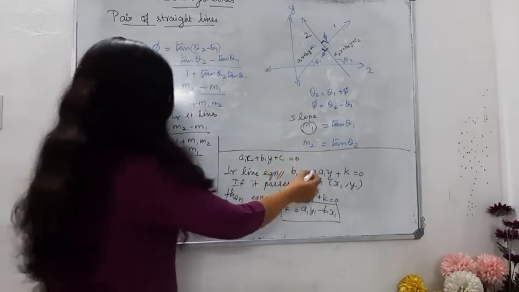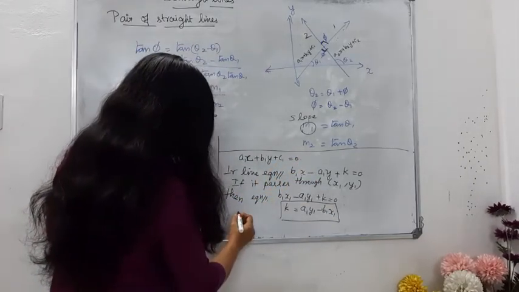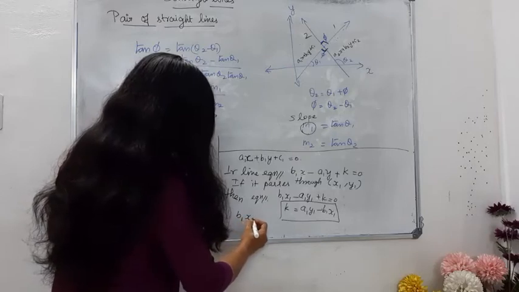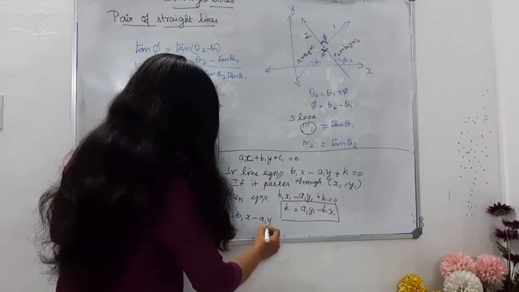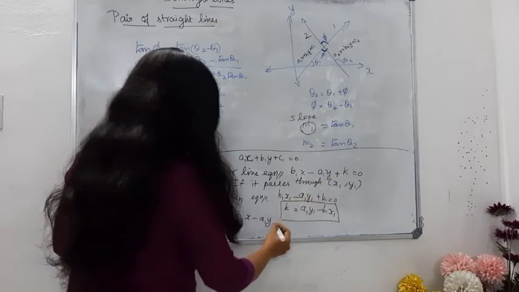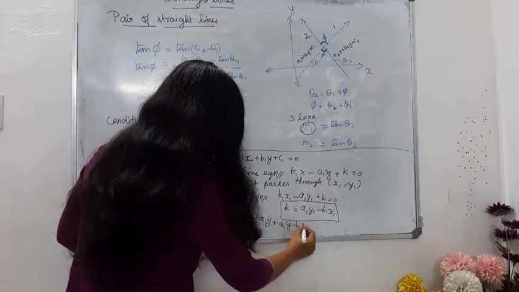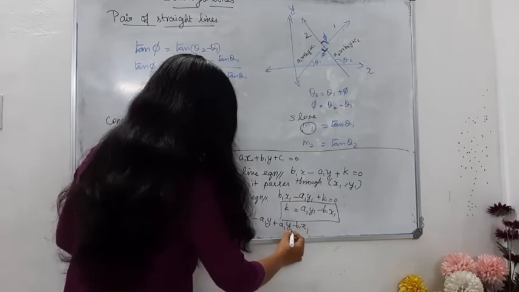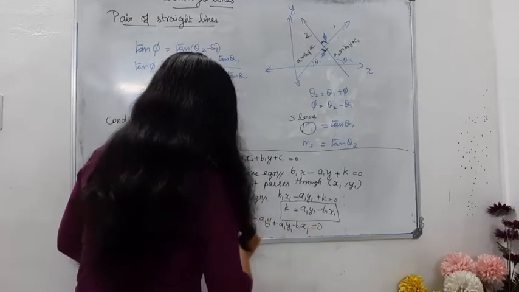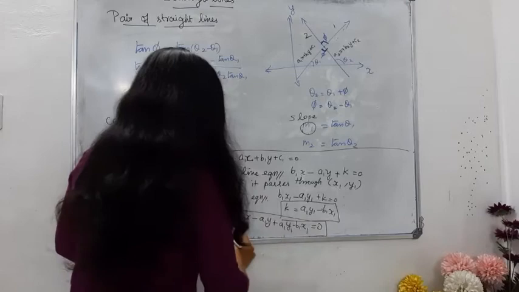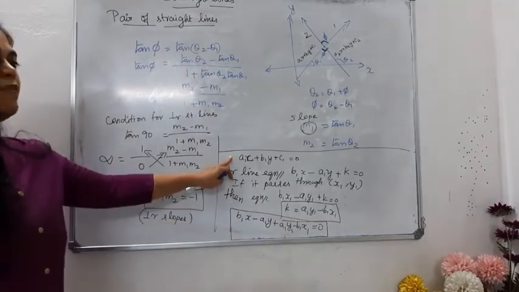Substituting here, the equation may be b1x minus a1y plus a1y1 minus b1x1 is equal to 0. This is the equation which is perpendicular to the given line.